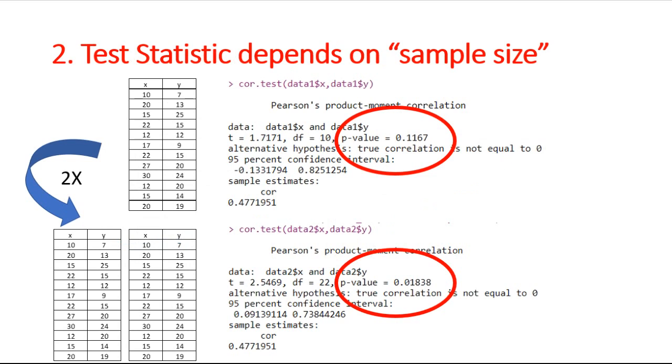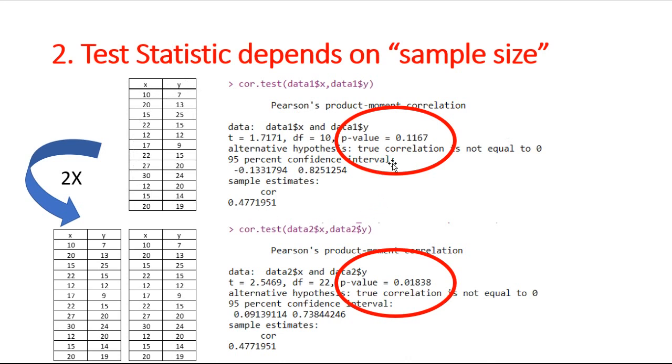Number 2, test statistic. As I mentioned in the previous slide, the correlation coefficient has a test statistic. There are 12 samples, and once we measure the correlation coefficient, it is 0.477.